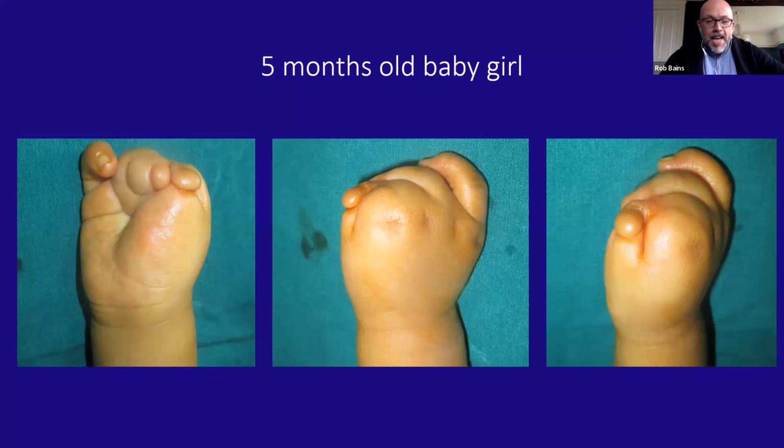It looks like a difficult case. I think the first thing is I'd consider the first web space, which is obviously narrowed, and my aim would be to release that. The first thing going through my mind is the need for something like a free groin flap to give you adequate skin release.